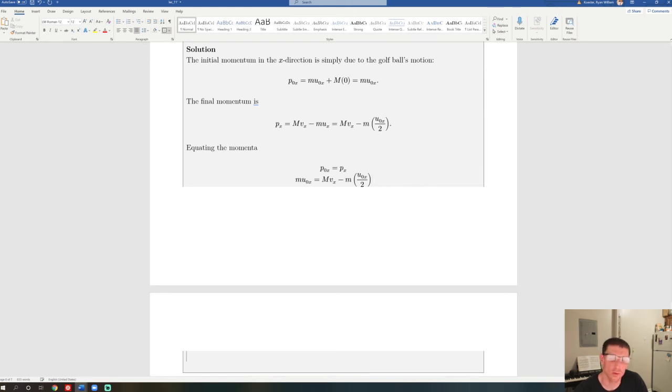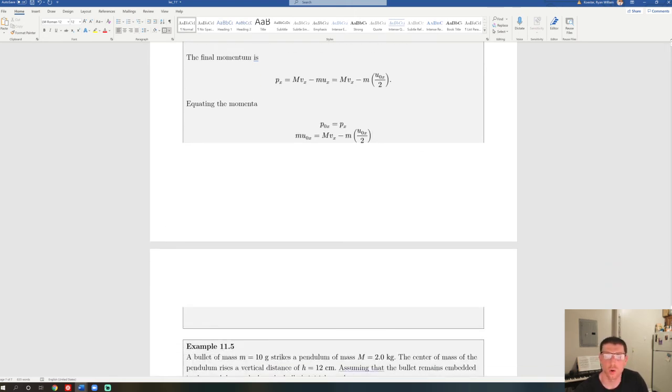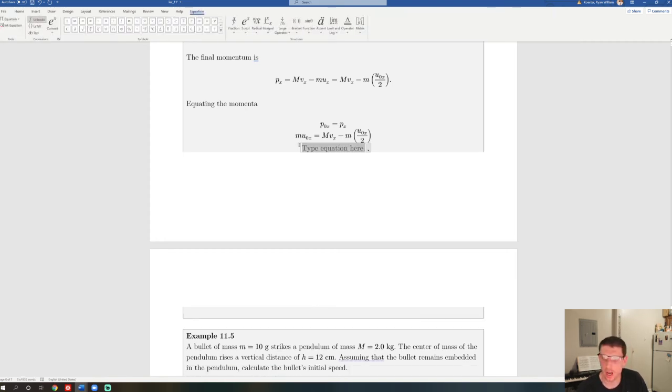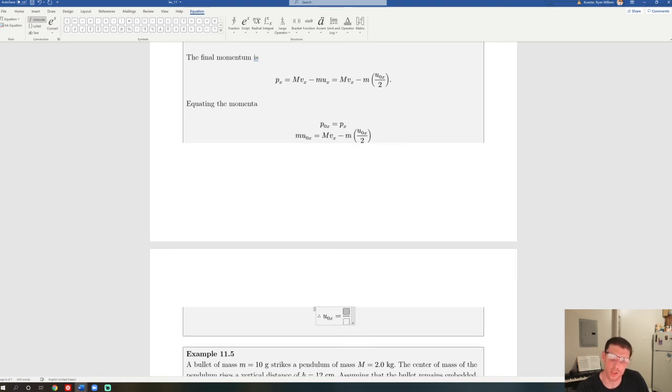When we solve this equation for the initial x component of the velocity that the golf ball must have, it works out to be, symbolically, 2 times big M times v sub x divided by 3 little m. And this is going to work out to be very large, right?